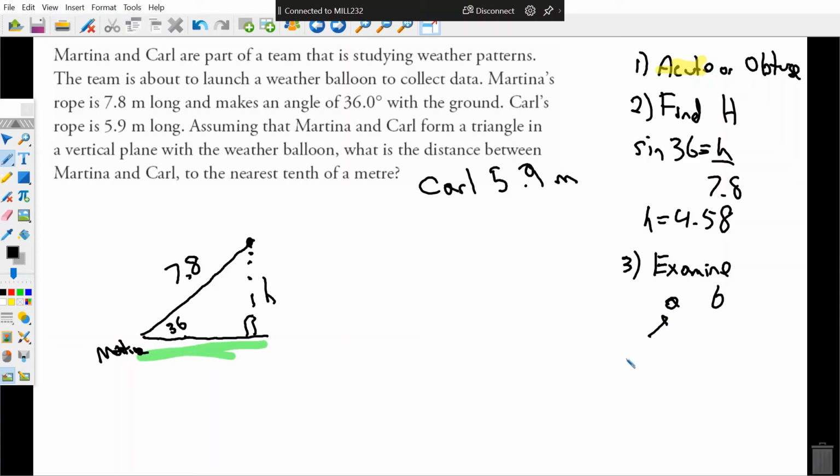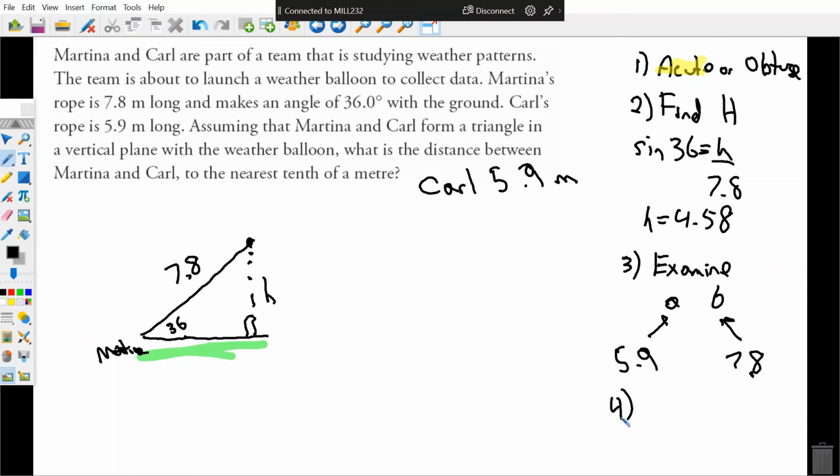That is 5.9. And B is Martina. She is 7.8. So had Carl been, if 5.9 had been greater than B, then there would have only been one possible triangle. That's not the case, so we have to keep going.